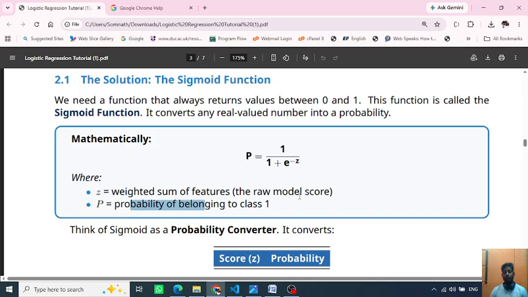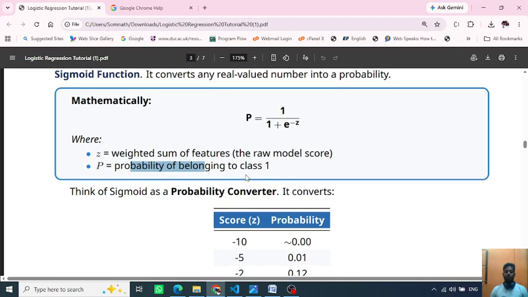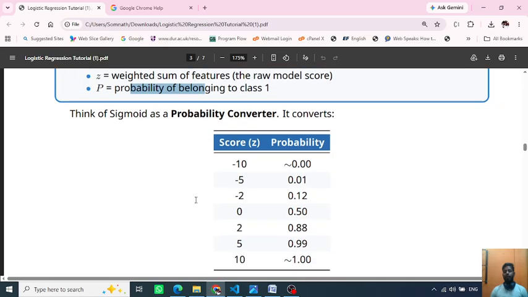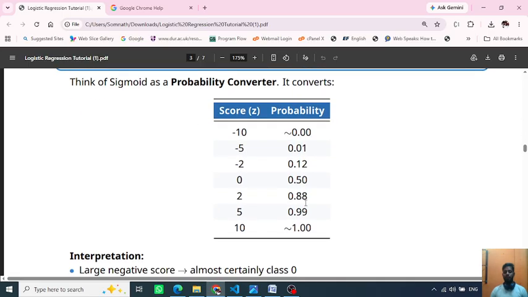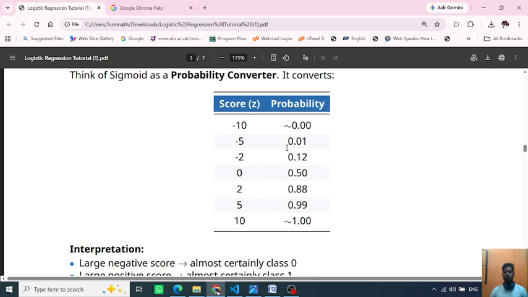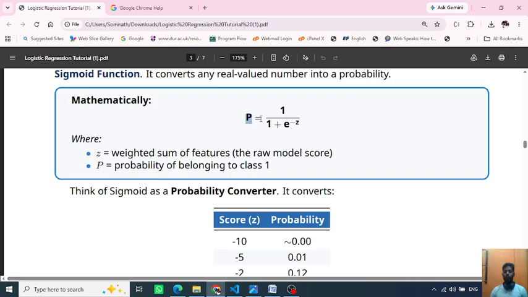In the next tutorial, I will discuss how the internal calculation actually happens in logistic regression. Think of sigmoid as a probability converter. It converts a score to a probability value using this formula.